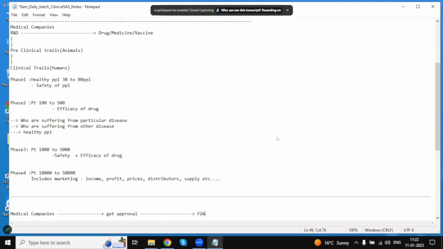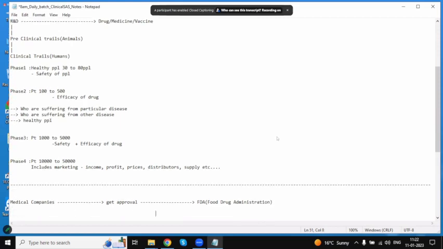It is there in the US, the Food and Drug Administration. Similarly, in India, we have DCGA.